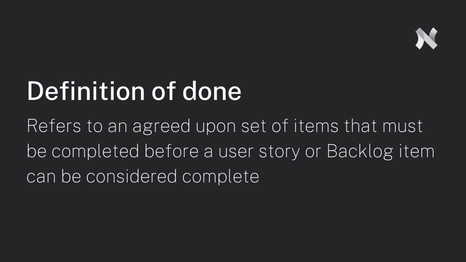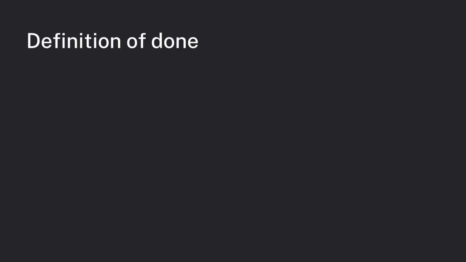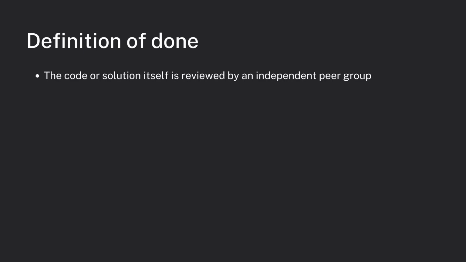Definition of done refers to an agreed upon set of items that must be completed before our user story or backlog item can be considered complete. Some things that may be within your definition of done are: the code or solution itself is reviewed by an independent peer group.